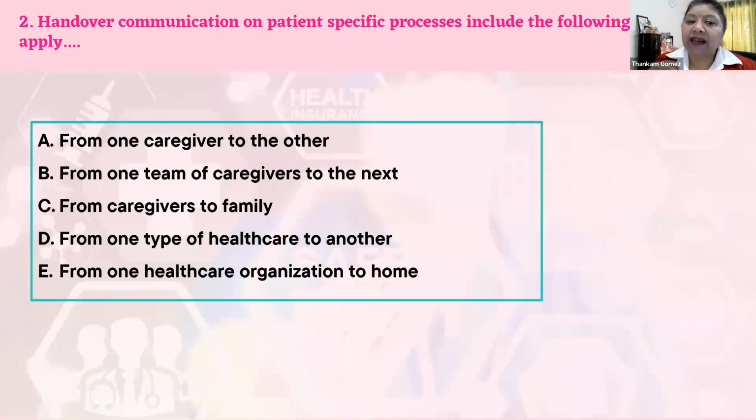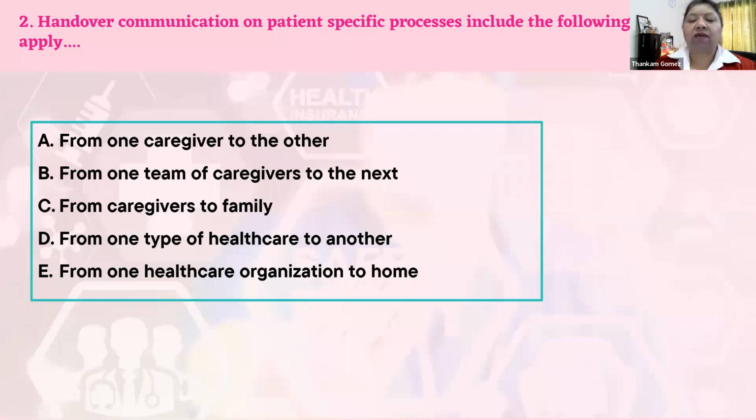Now, caregivers to family: when you are discharging the patient, you are actually handing over the care of the patient to the patient himself or to the family. One type of healthcare to another: that means you are going from maybe a hospital to another hospital. Type means, okay, you had been in acute care, then you are going to a transition care. There also you have to give handover, and one healthcare organization to home, that is also important.